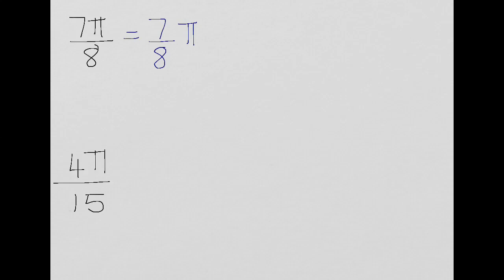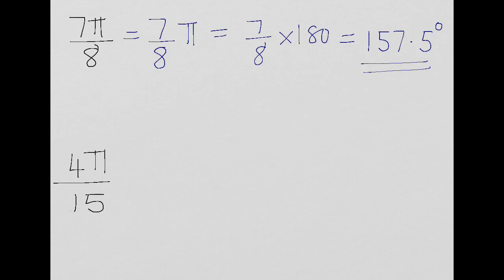And here we can then say, well, if pi is equivalent to 180 degrees, then it would be 7/8 multiplied by 180, which you can then put in your calculator. And if I put that in my calculator, I end up with 157.5 degrees. So fairly simple.